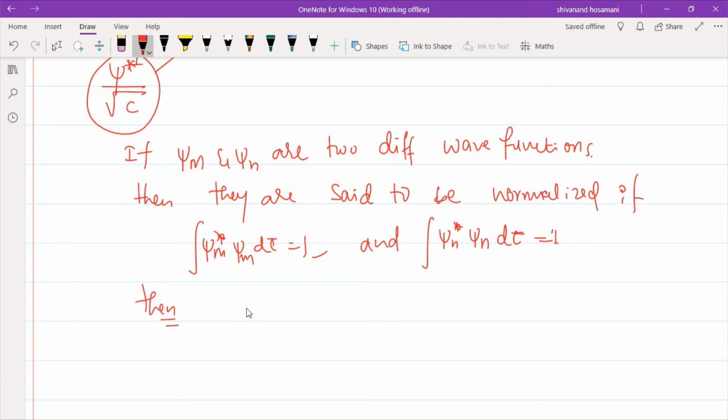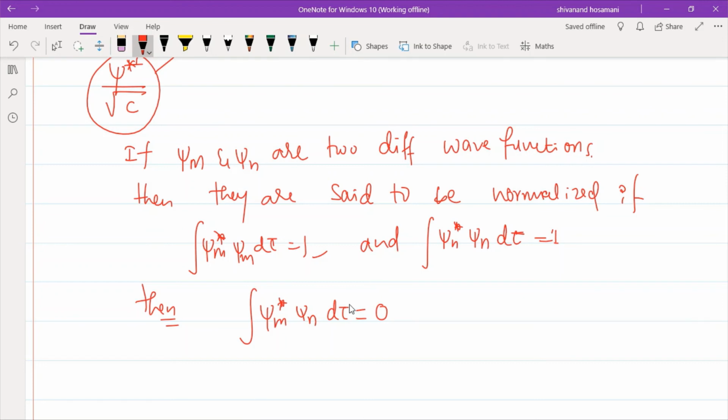Then, as they are normalized, if I take the integral of psi m star into psi n, different wave functions in a single space, that is equal to 0. The probability of getting both the functions in one single space is equal to 0.